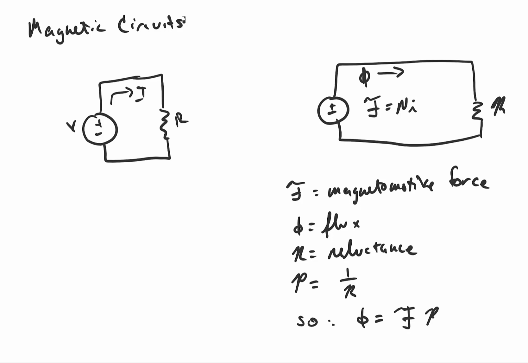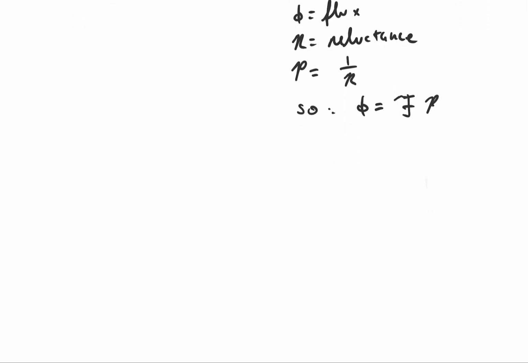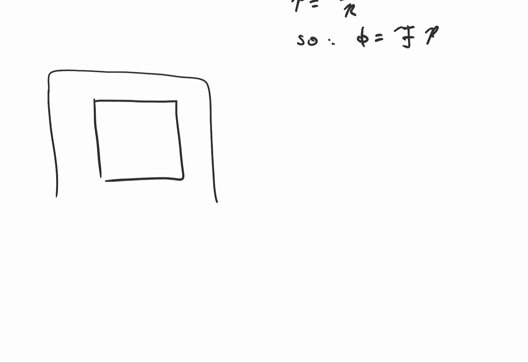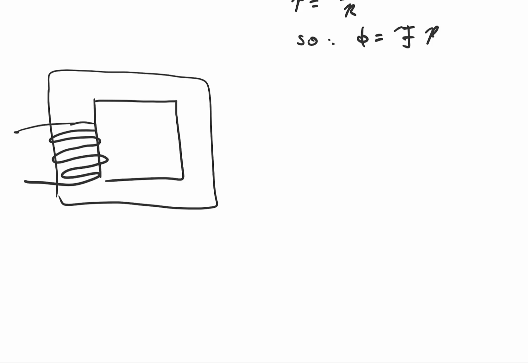And now if we think about an example core, ferromagnetic core. So suppose this is our ferromagnetic core, and it's got windings on it, some number of turns N. I've got a current flowing in those windings.